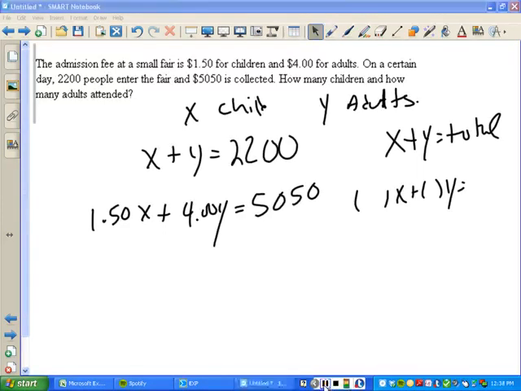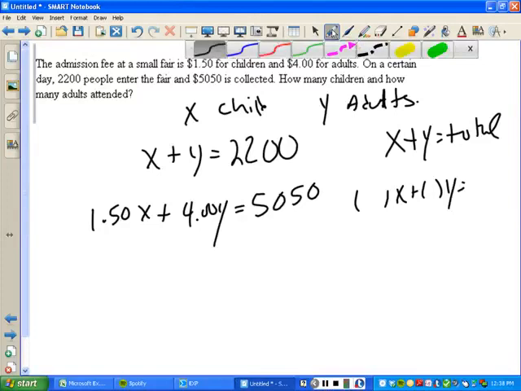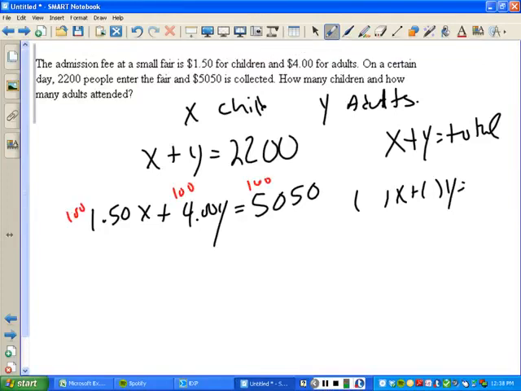All right. Multiply them by 100. Do you have two equations, Bernard, or do you only have one? Because when I saw, you only have one. You need two. You can't solve if you only have one. 150x plus 400y.